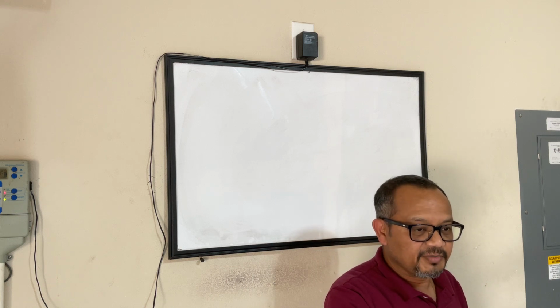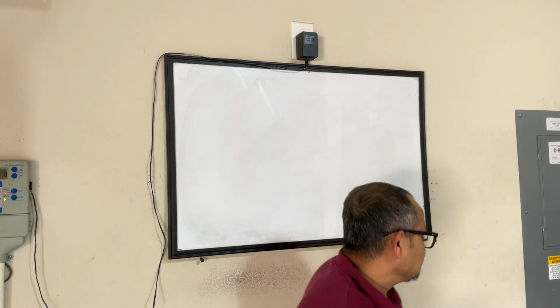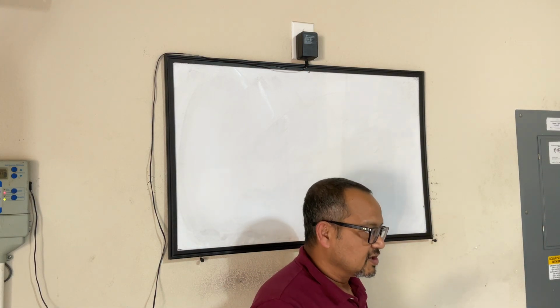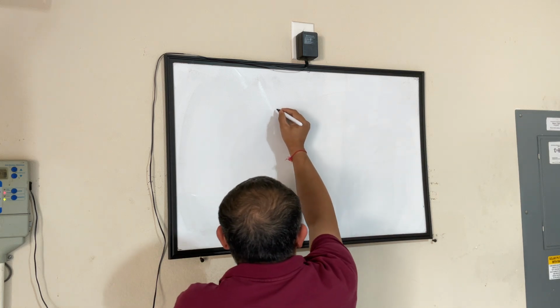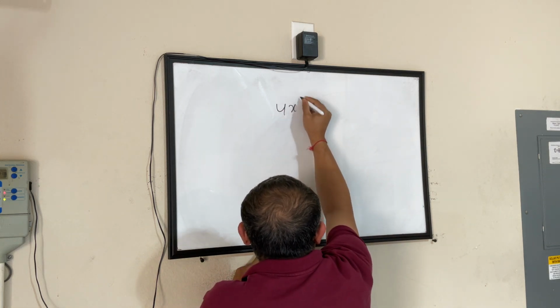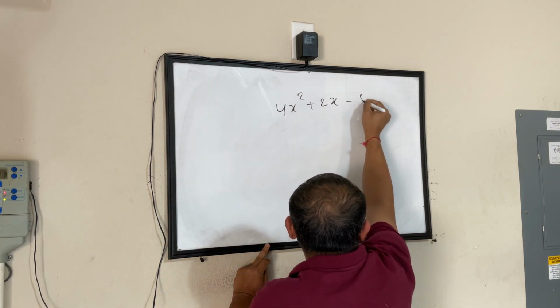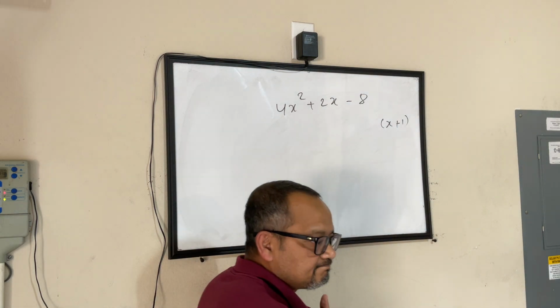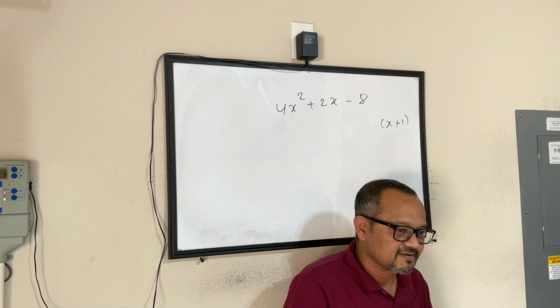Everybody be ready to see how we do division of a polynomial by another expression. Let's say I say divide 4x squared plus 2x minus 8 by x plus 1. Can you give it a shot?